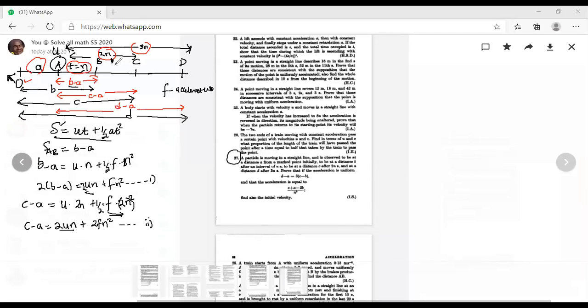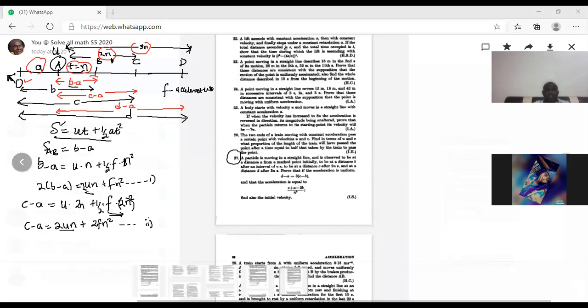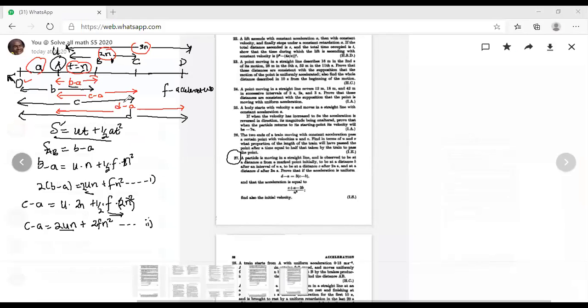Now, can you get for me the time between A and D? What is the time between A and D? 3n. Then what is the distance?